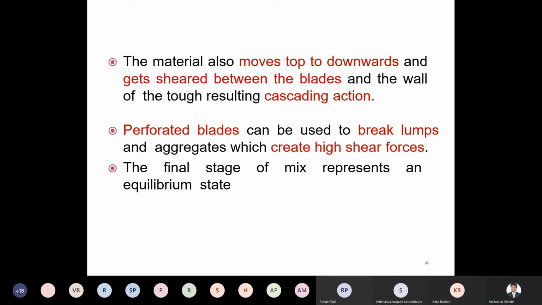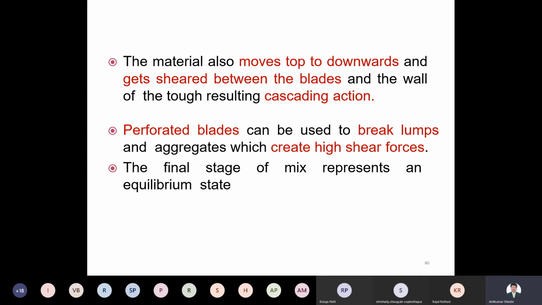After going downward, you produce shearing with the help of the blades, which produces the cascading action. This is one of the mechanisms called cascading action. Cascading action means the material passing through the gap between the wall and the blade.